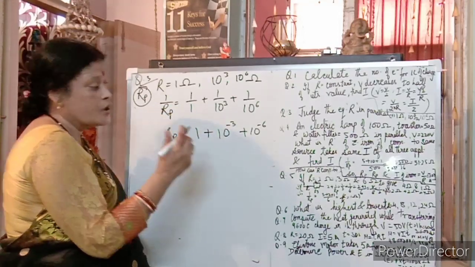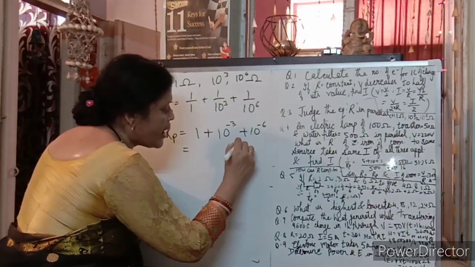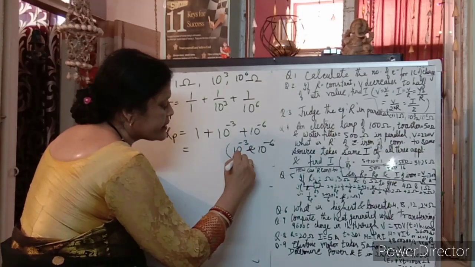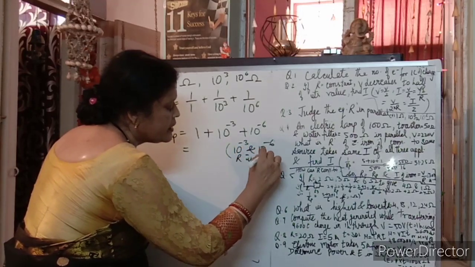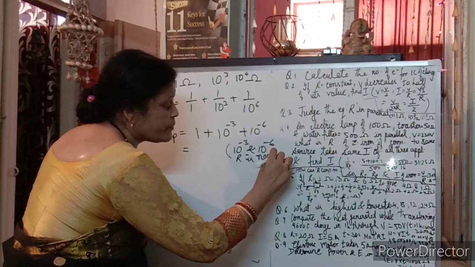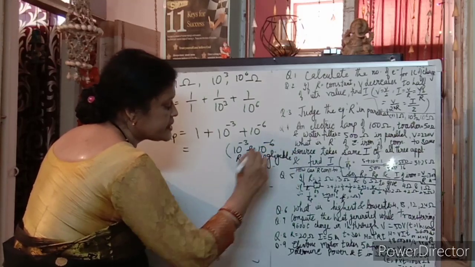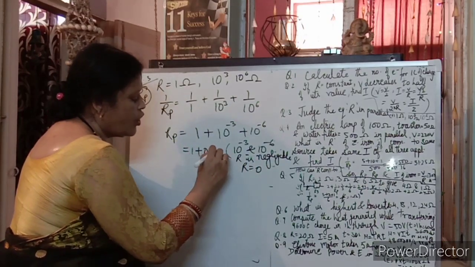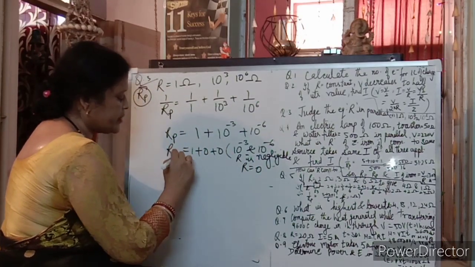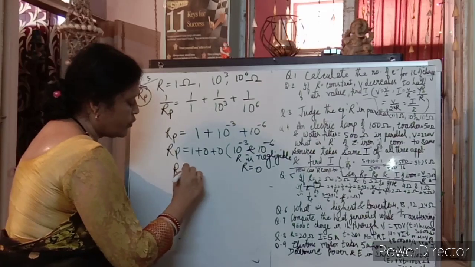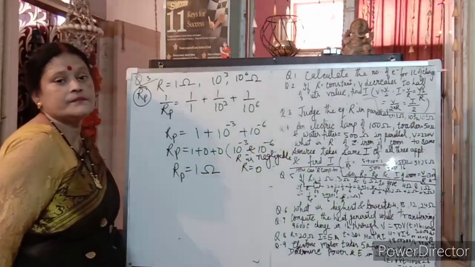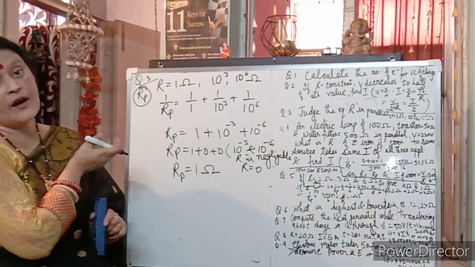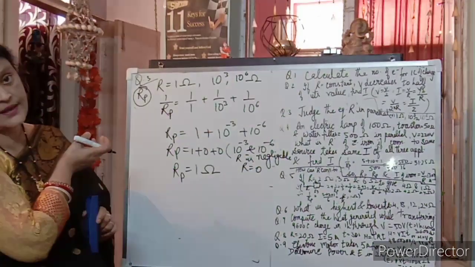So you write that 10 to the power minus 3 and 10 to the power minus 6 are negligible, that means considered to be 0. So 1 plus 0 plus 0. So RP is equal to 1 ohm. Clear, student? So always, when they are connected in parallel and you have to judge the equivalent resistance, do this.